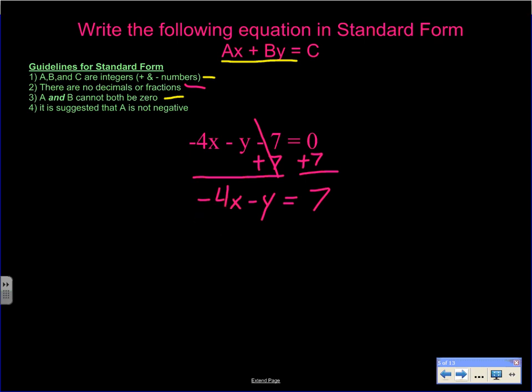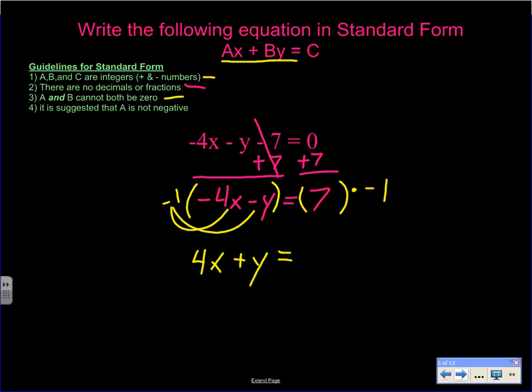So how are we going to get rid of that negative sign? Well, we can multiply 4 by a number to make it positive and still leave it as a 4. -1 is what we're going to multiply both sides by. -1 times -4x will leave us with a +4x, and -1 times -y will leave us with a +y.